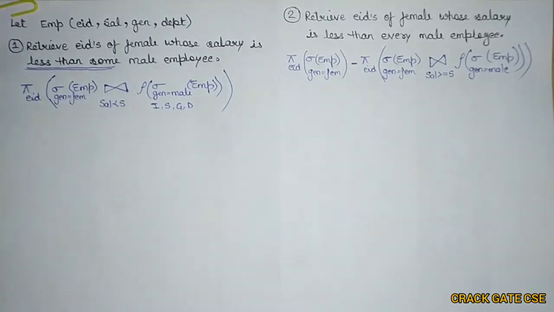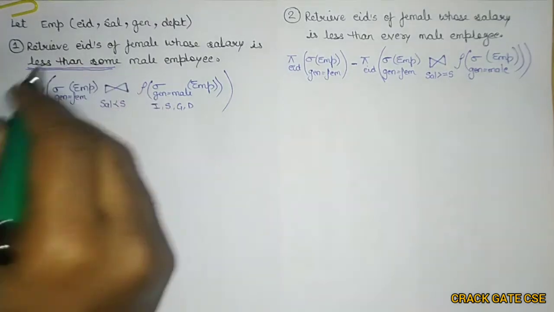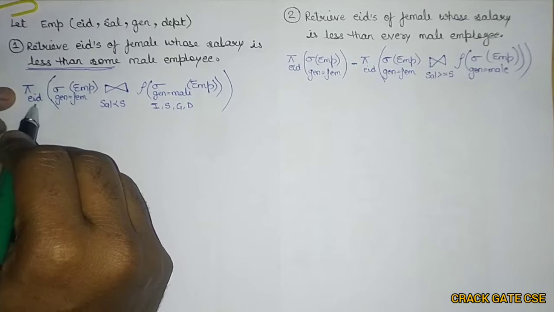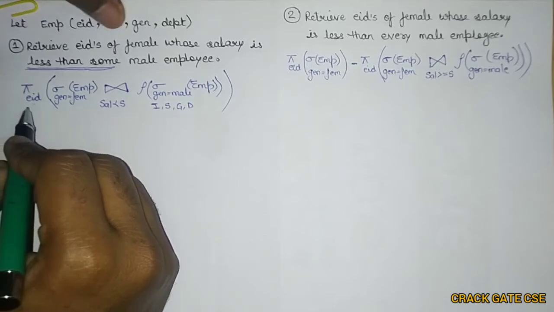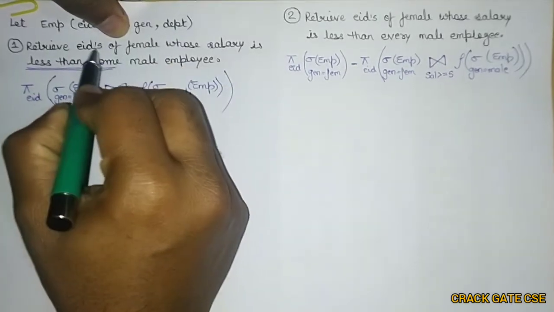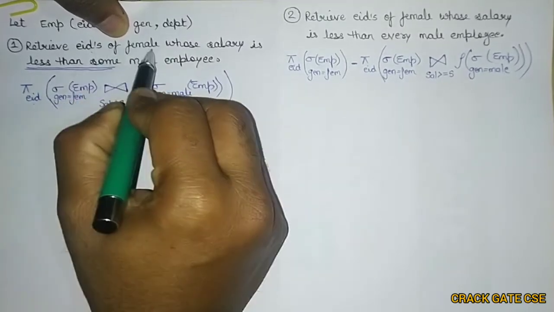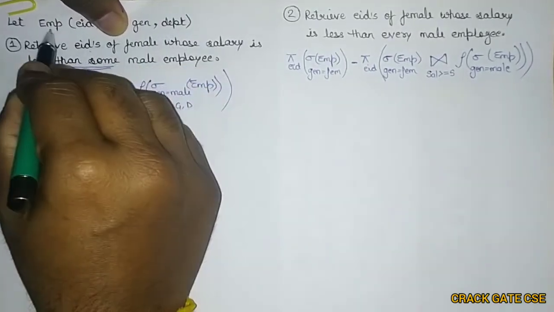First of all, how to write this into the relational algebra query? You can see that we have to retrieve the employee ID. So we have to relate the employee ID of female employees with male employees of the same table.